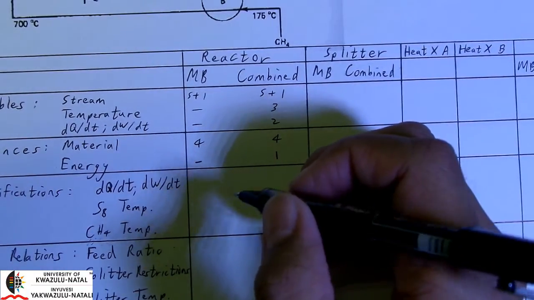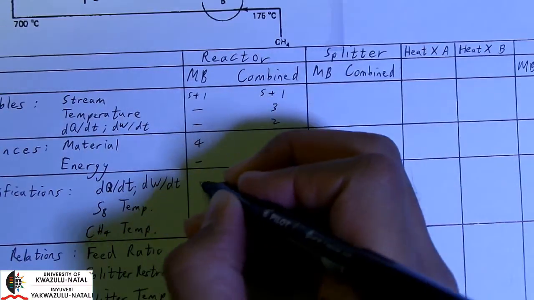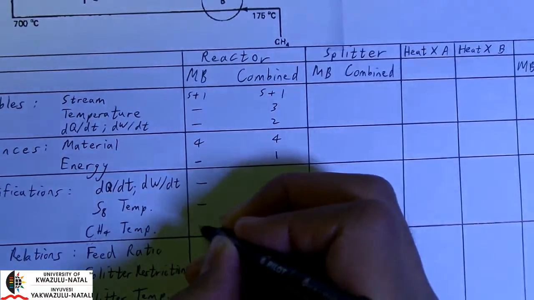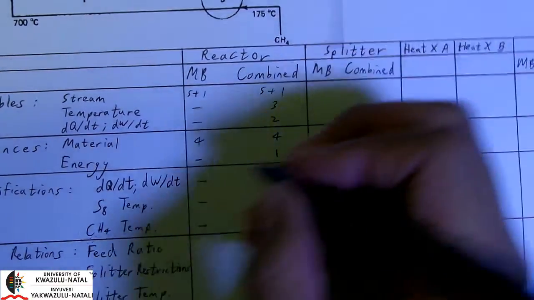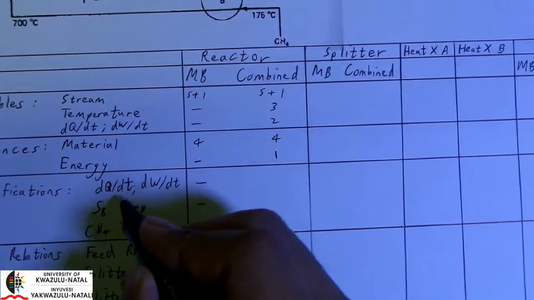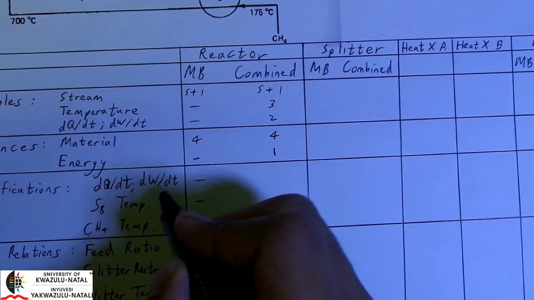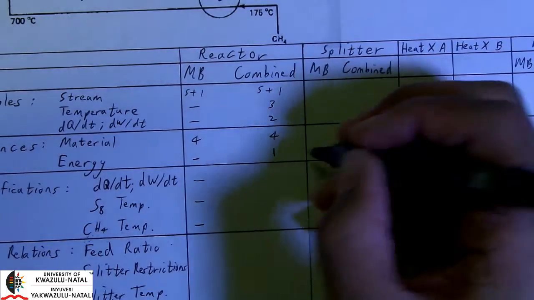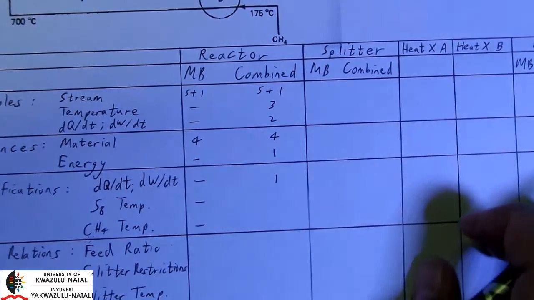Okay, so let's look at our specifications. None of these apply to our material balance. However, we can assume that our dW/dt is 0, so that counts for one specification.